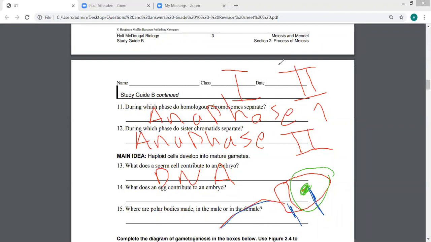Okay, still the organelles. If you know, for the sperm to penetrate the membrane of the egg, just the head enters, without the tail and without the neck.